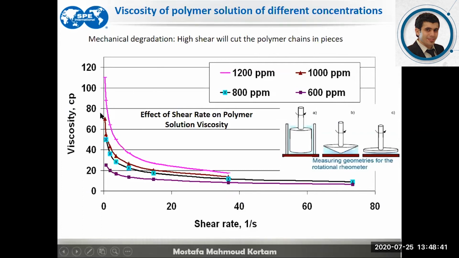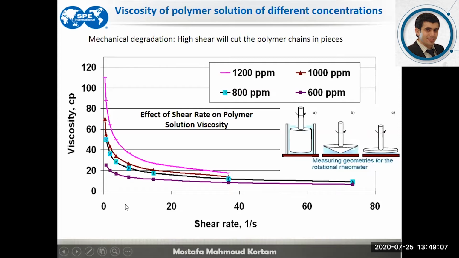So the viscosity of the polymer solution, as we know, increases, and there is the famous relation between the viscosity and the concentration. So that is a greater or higher concentration, while that curve represents the lower concentration. So increasing the concentration of the polymer, of course, reflects an increase in the viscosity.